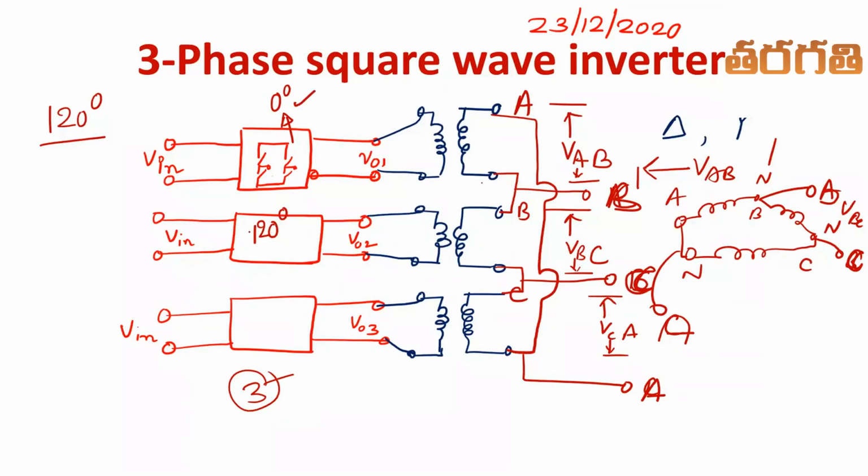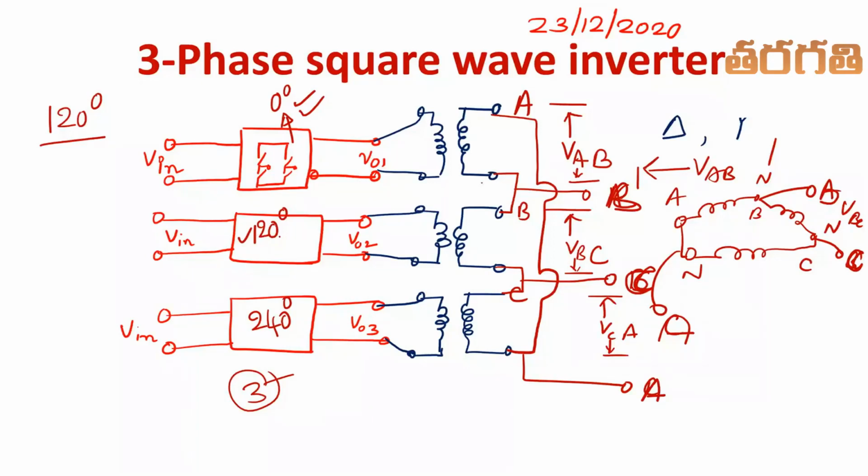That means we apply a delay of 120 degrees to the second inverter. And with respect to the first one, the third one is delayed by an angle of 240 degrees. This is how it is possible for us to control the inverters.